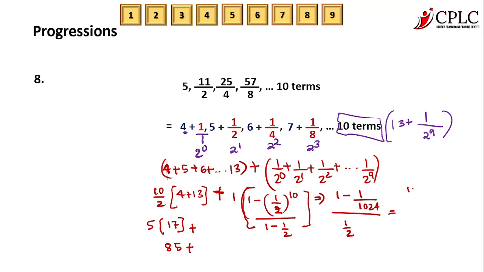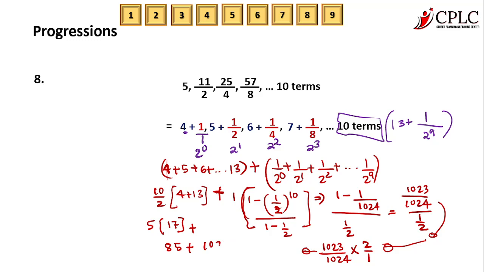This becomes 1023 upon 1024 divided by 1 by 2. This becomes 1023 upon 1024 into 2 upon 1. That becomes, if I divide this 2 and 1024, it becomes 1023 upon 512.